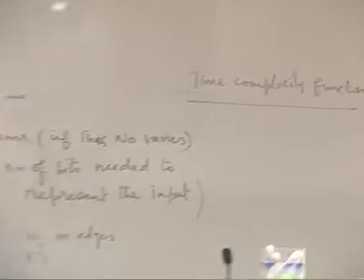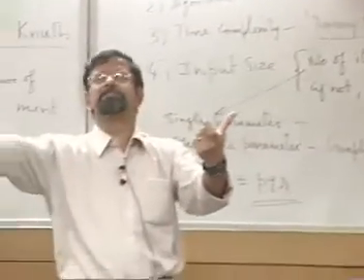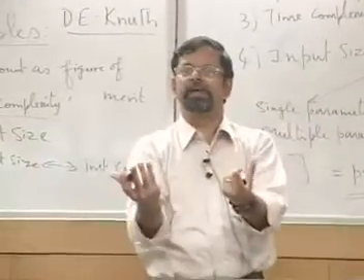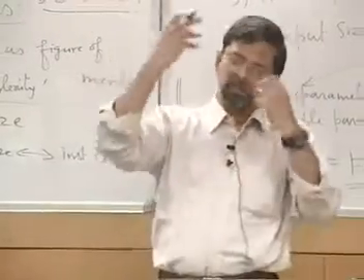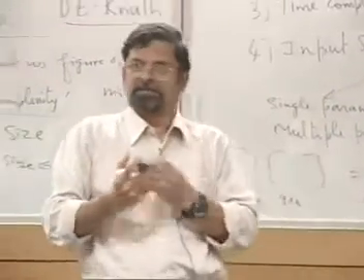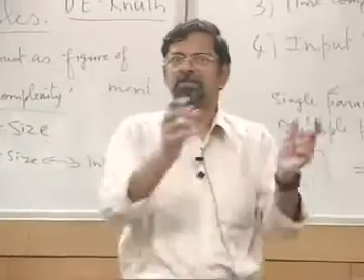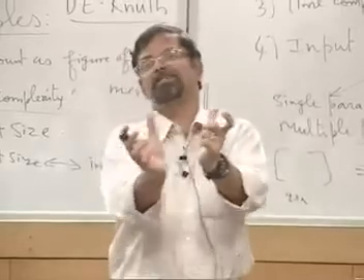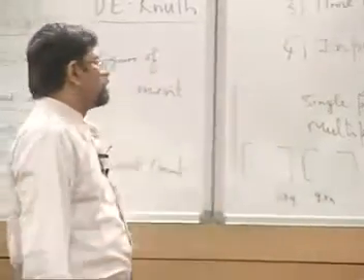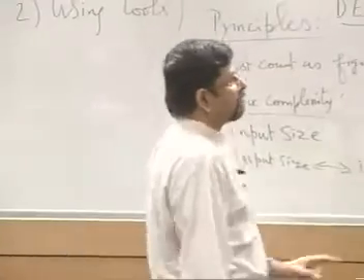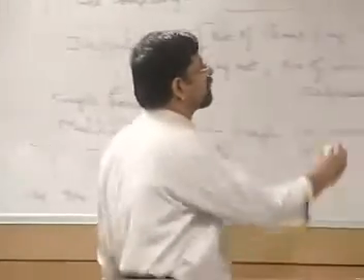What does it relate? It relates the input size to the instruction count. Why should it relate? Because when the input size is increased, the labor you perform also increases. So, how are they related? That is what we are interested in looking at. So, the time complexity function is the next concept.